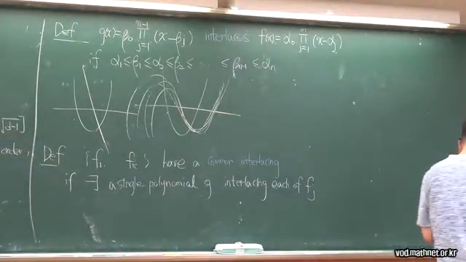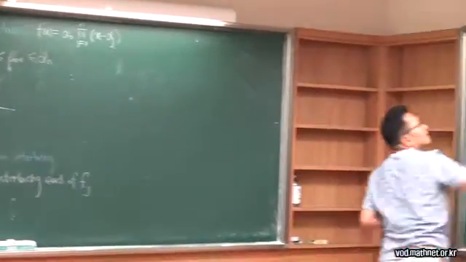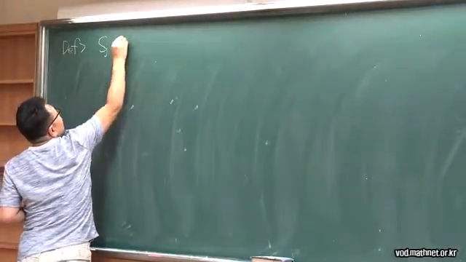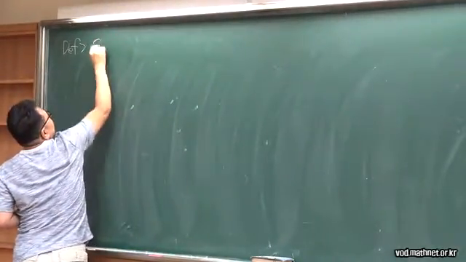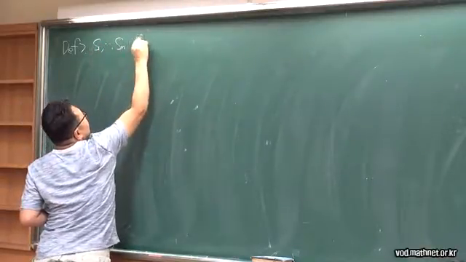We need the definition of an interlacing family for the whole class. So let me give the definition of the interlacing family here. Consider finite sets S sub 1 through S sub n.